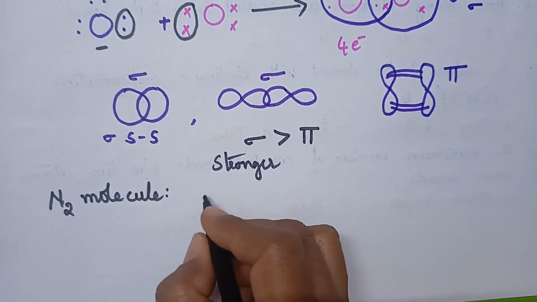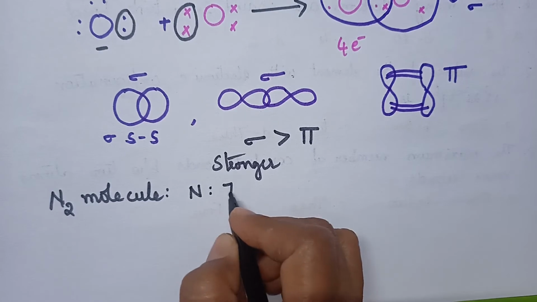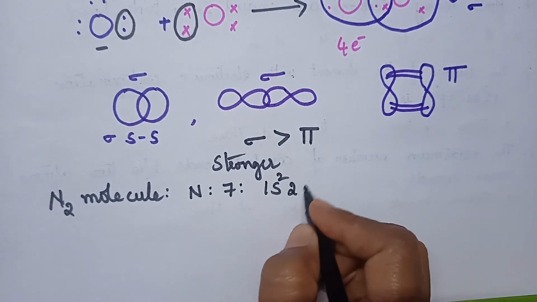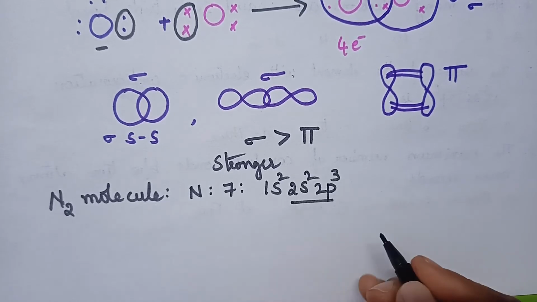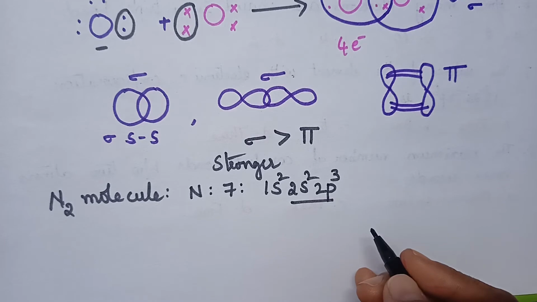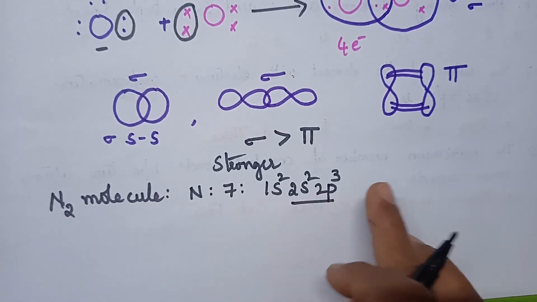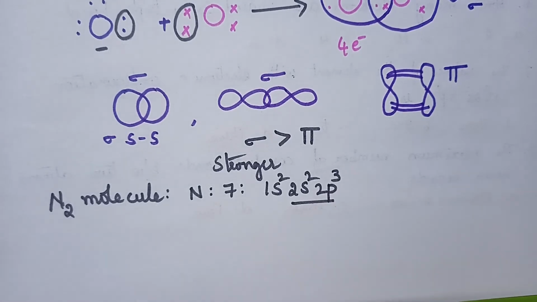So, what is the atomic number of nitrogen, students? Its atomic number is 7. And hence the configuration is 1s2, 2s2, 2p3. So, how many electrons are present in the outermost orbit? 5. And each nitrogen atom requires 3 electrons to attain stability.